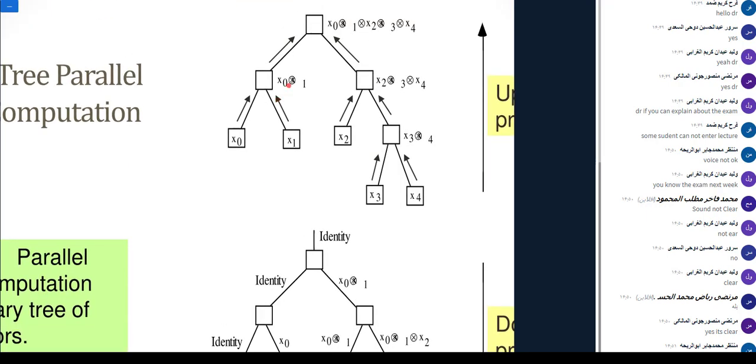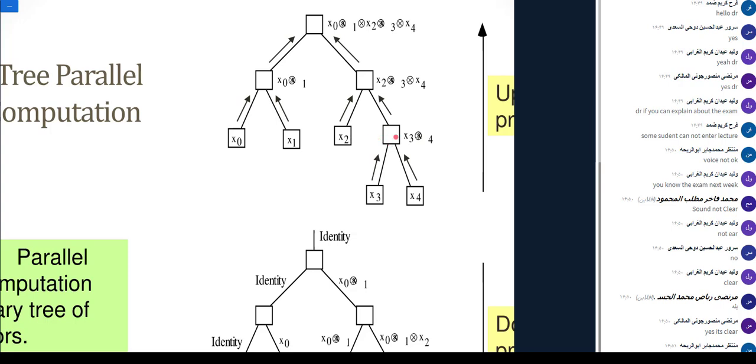I don't know, it could be multiplication, summation, subtraction, division. It is a general symbol. So x0 symbol x1. At the same time, x3 symbol x4 here.